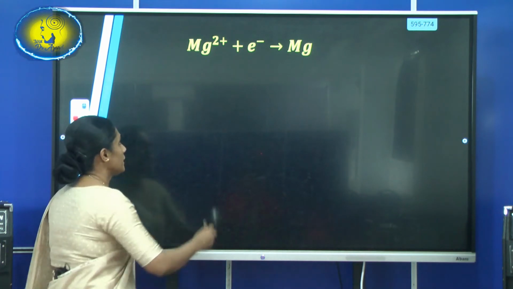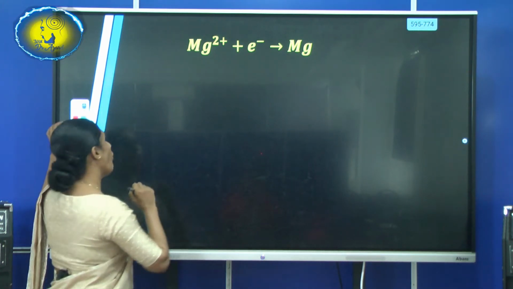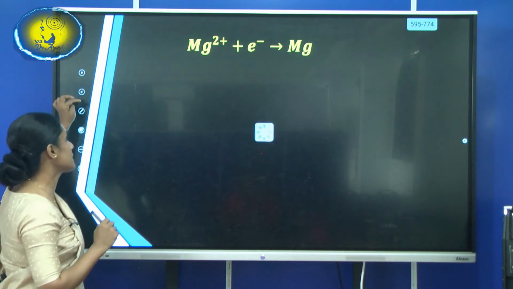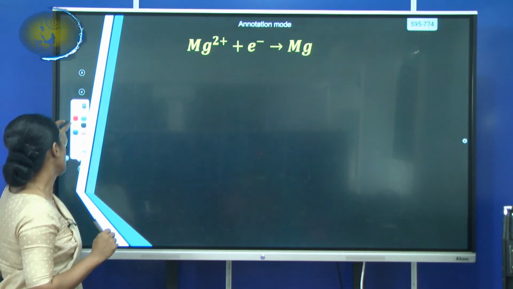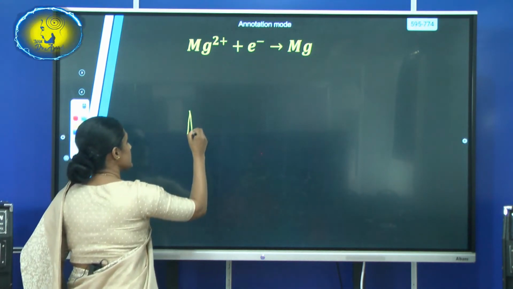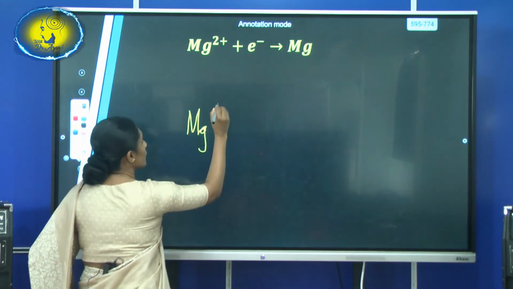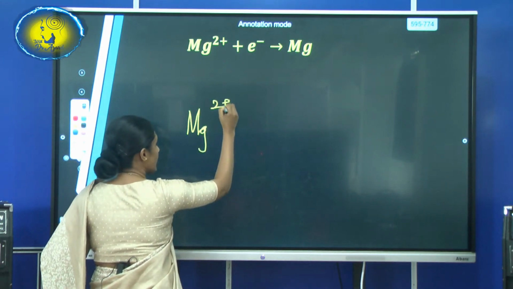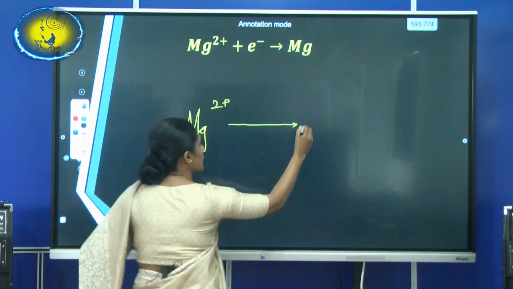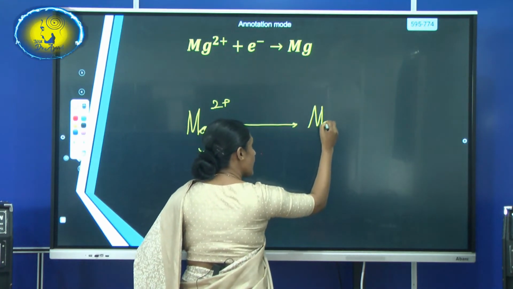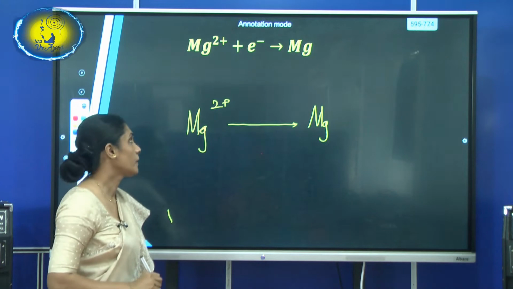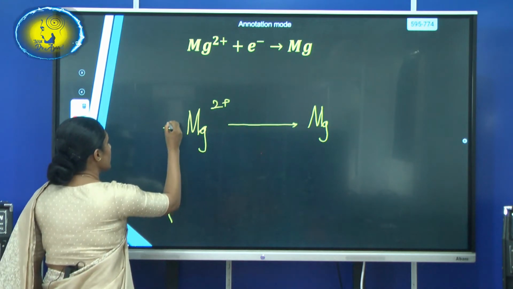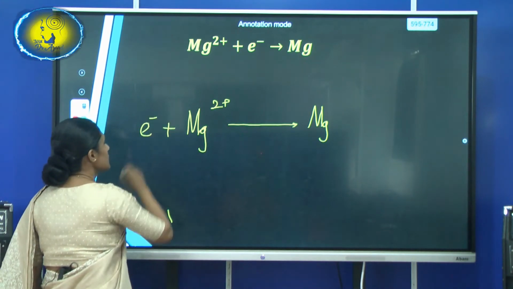Magnesium 2 plus ion. Let's see, magnesium always forms 2 plus ion. Right? Magnesium forms 2 plus ion, then only it turns to magnesium atom. Right? Let me write the electrons here.